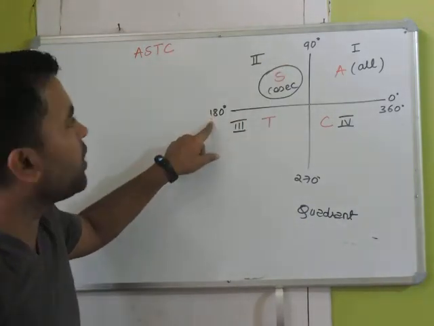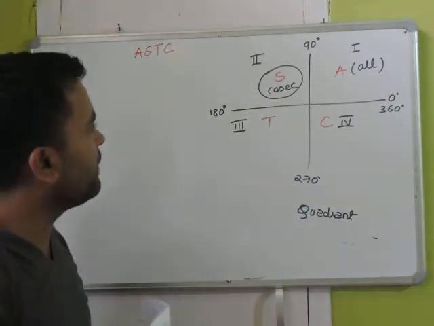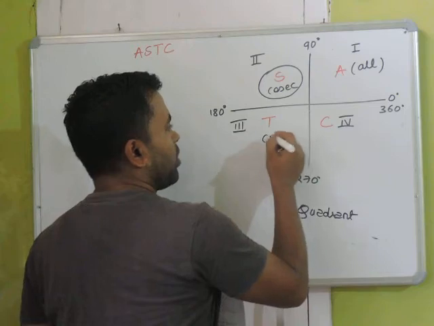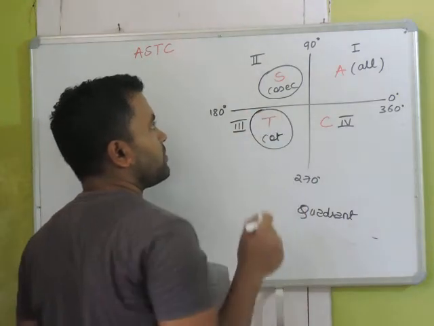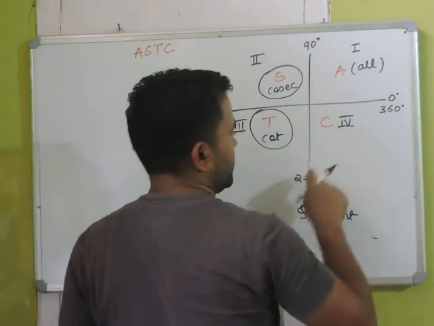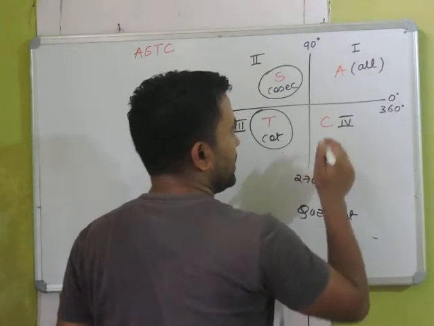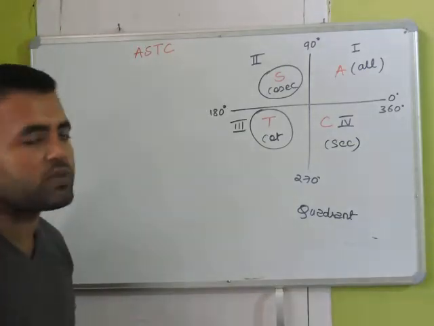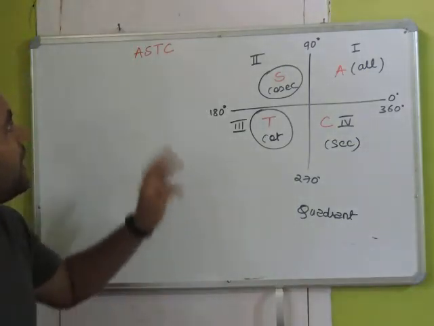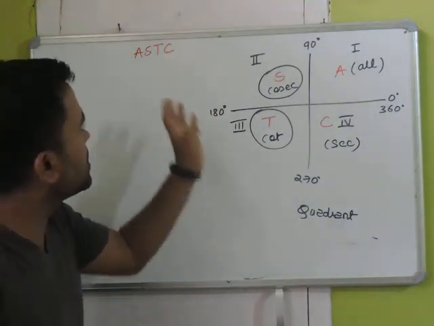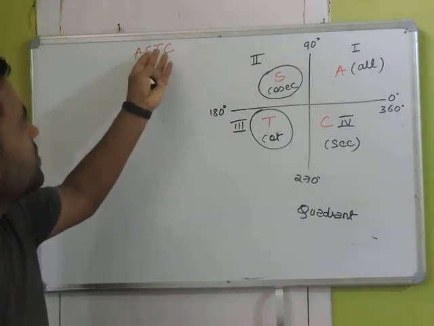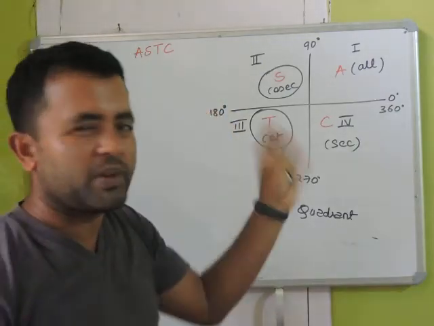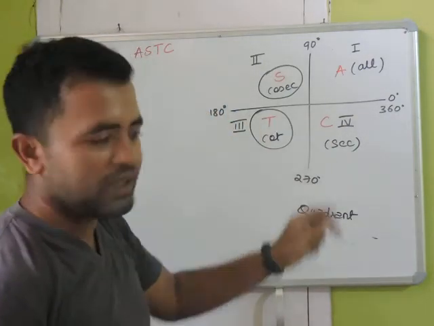Between 90 to 180, sine and cosec are positive, and between 180 to 270, tan and cot are positive, and between 270 to 360, cos and sec are positive. Okay, so this rule stands for that. ASTC, you guys can say this to be All Assam State Transport Corporation, All Arunachal State Transport Corporation, whatever way you can remember, but that is the idea.